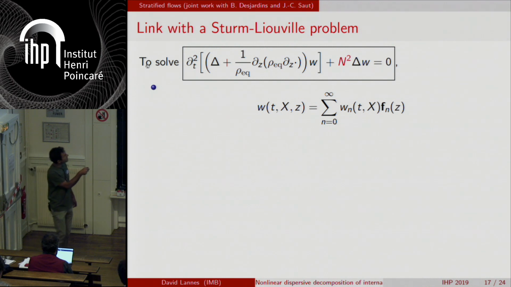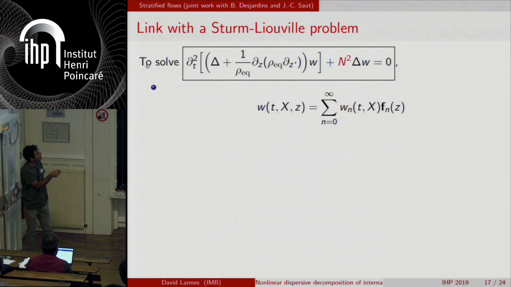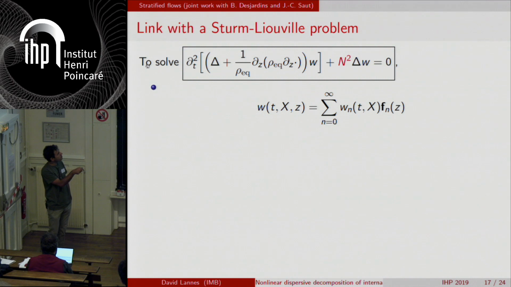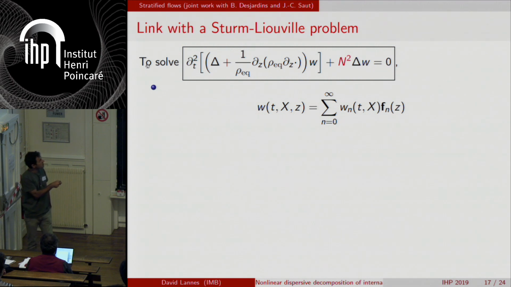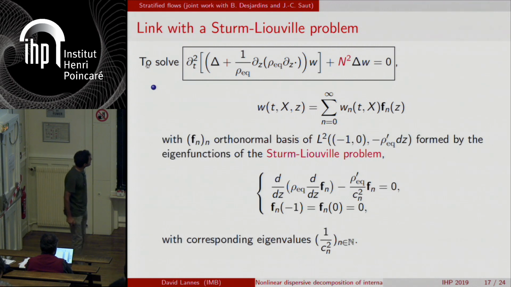You assume that the vertical velocity, which is a function of t, x, and z, can be expanded as a sum of an infinity of modes. The modes are the functions fn, which are functions of z. So this is the vertical stratification. And the coefficients are functions of t and x. So for each mode, you have a coefficient which is a function of t and the horizontal variable.